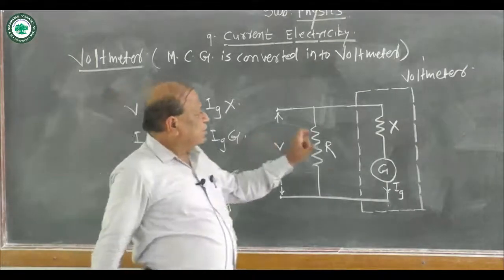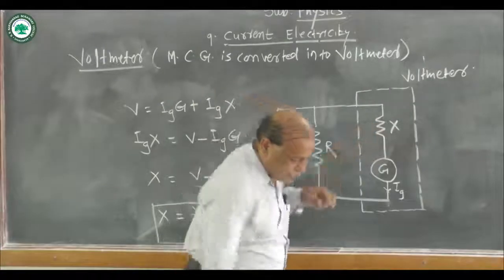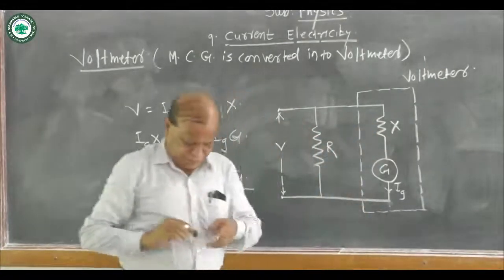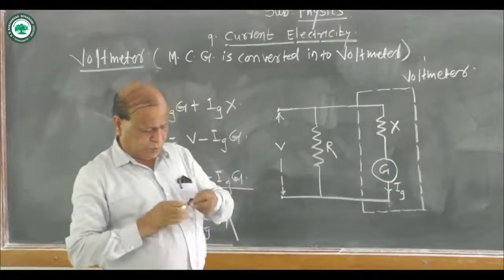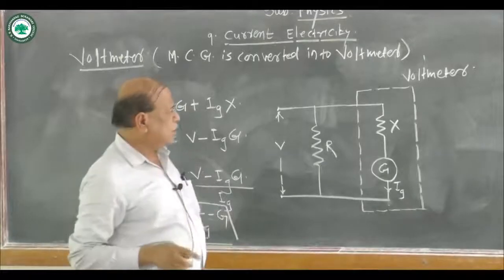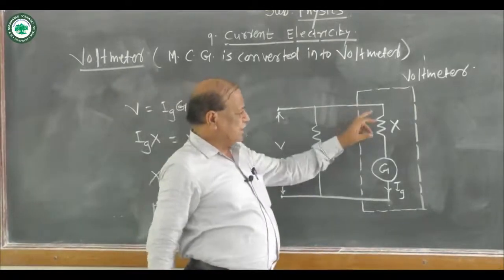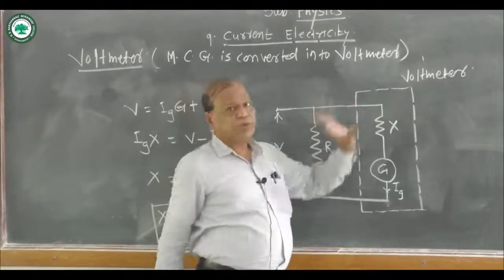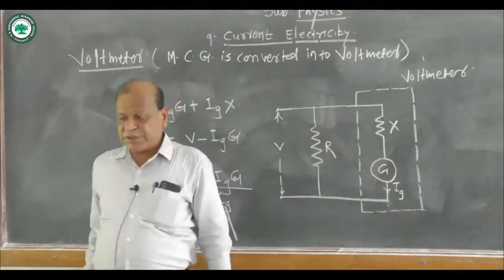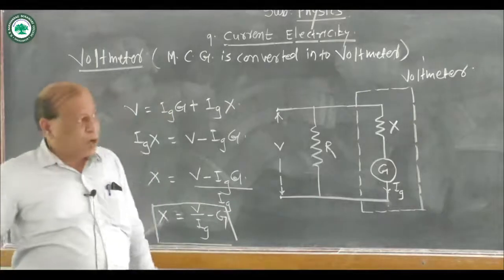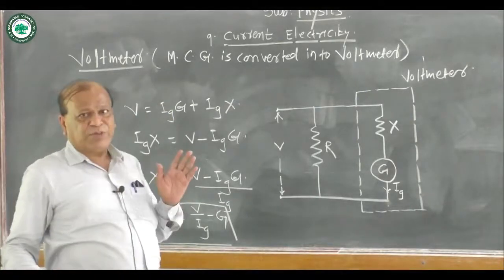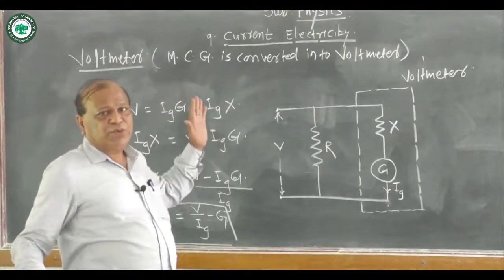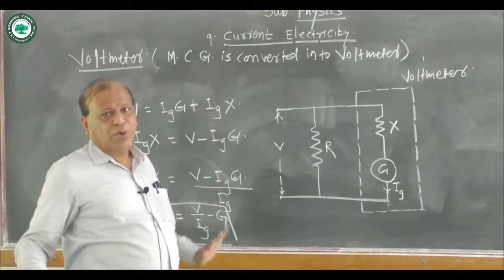Then such a resistance is connected in series with this galvanometer, then it is converted into a voltmeter. This is about how the moving coil galvanometer is converted into an ammeter and voltmeter.